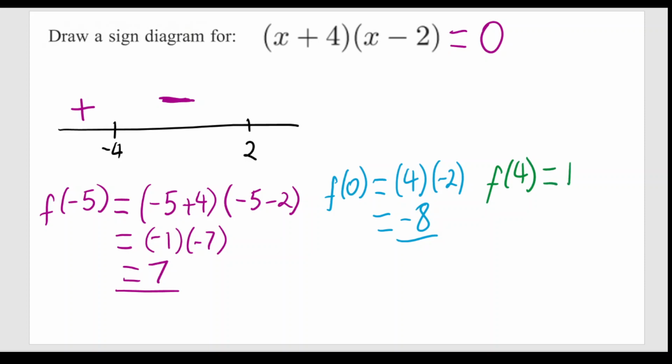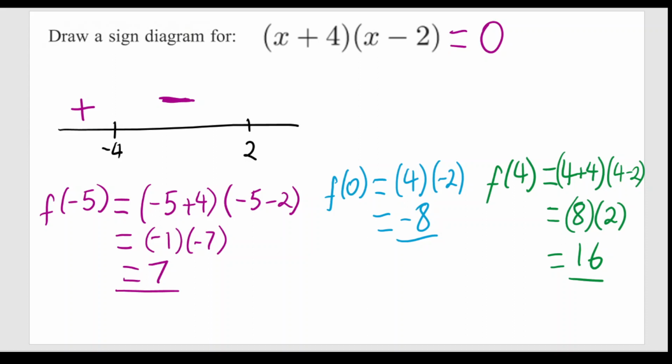So we're going to have 4 plus 4, and we're going to have, let's say 2. So we get 8 times 2, which is 16, which is a positive. So we have our sign diagram complete.